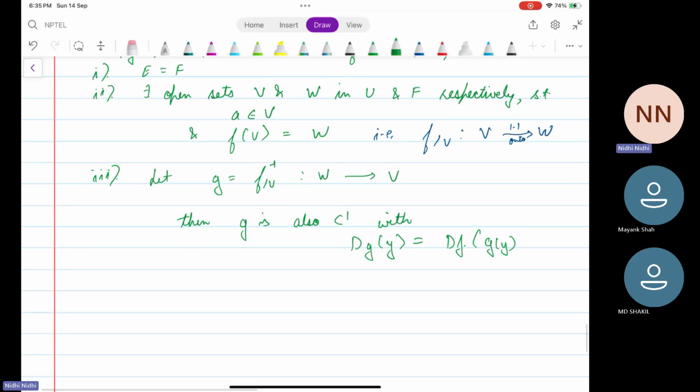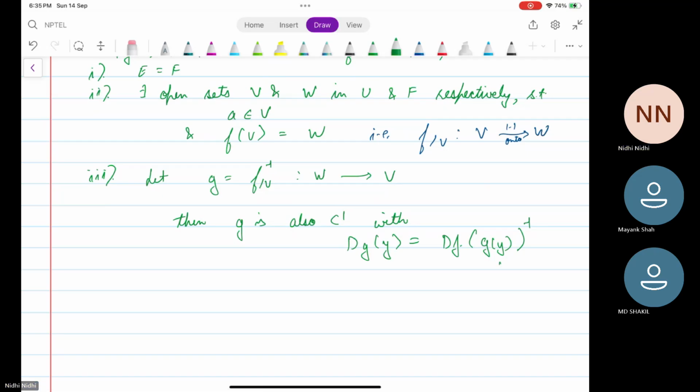Now g(y) is an element of V, and f at g(y) is an element of W. So this is the inverse for every y in W. Now for y in W, we have g(y) in V, and df can be defined at g(y).